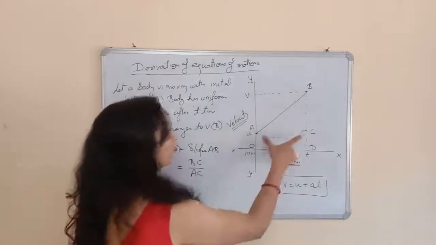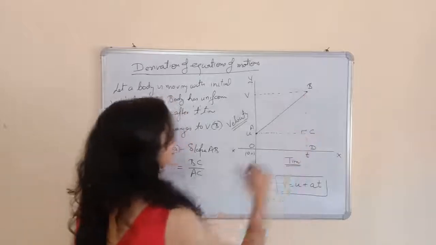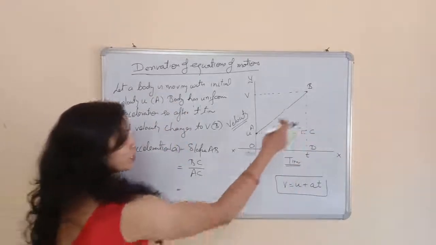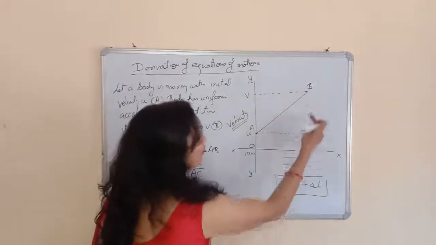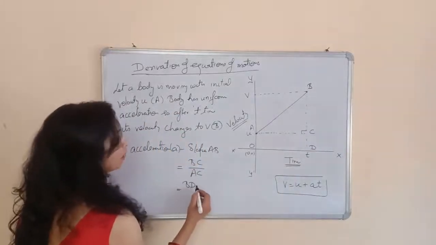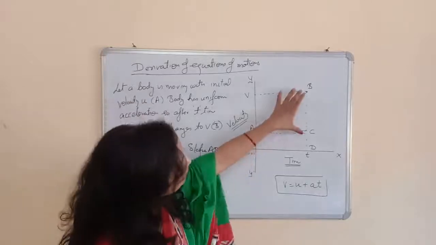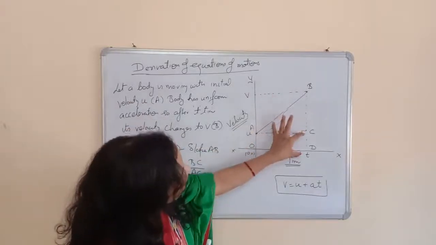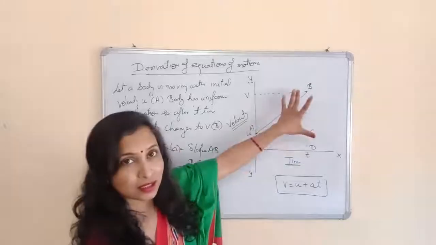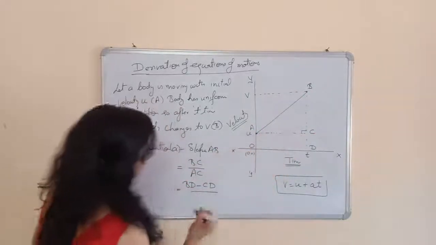So perpendicular upon base is called the slope. And how can you find this length BC? If we subtract CD from the whole length BD, BC is equal to BD minus CD. You will subtract this one from the whole length. And AC is equal to OD.